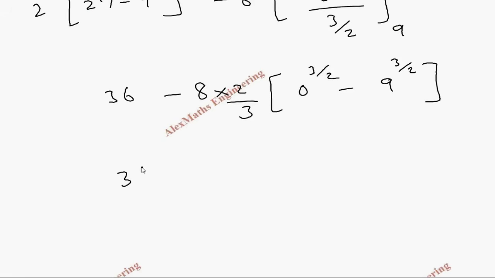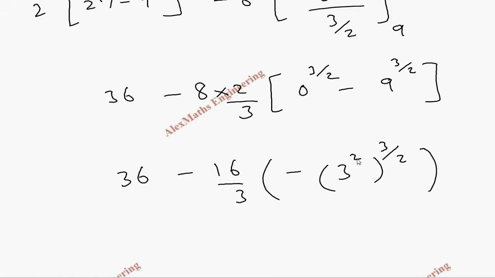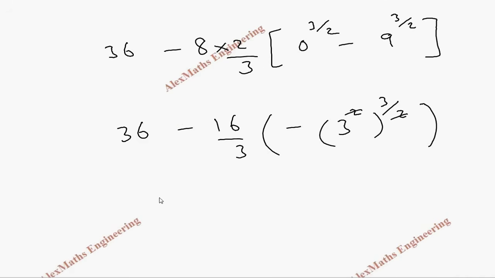So this is 36 minus 16 by 3, and this is minus 3 square for that power 3 by 2. So we can cancel this 2 and 2. This is 27, and there is a minus sign, so it becomes plus 36 plus 16 by 3 into 27. Can cancel this 9 times.